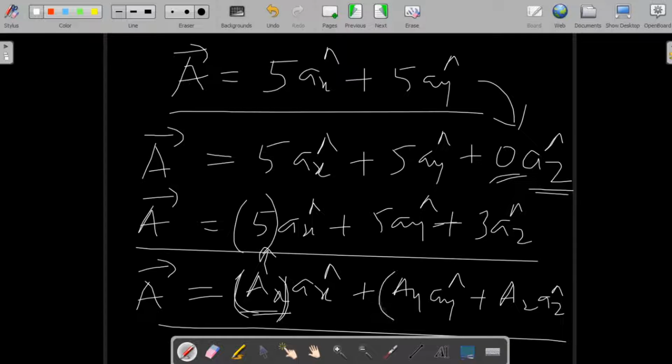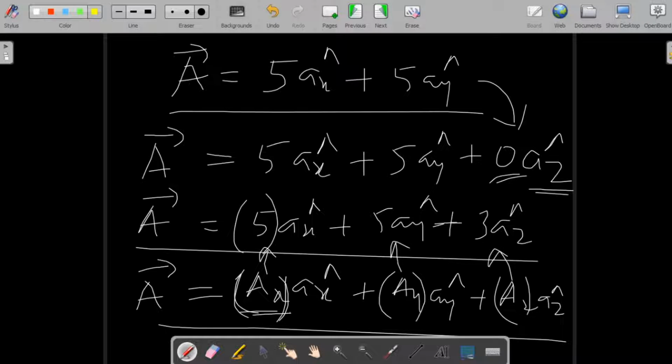So x is 5, ay is also 5 and az can be 3. So in general I can represent a vector as ax x cap plus ay y cap plus az z cap in 3 dimensions. I hope this is very clear now. How to represent a vector is hopefully very clear. Is it not?